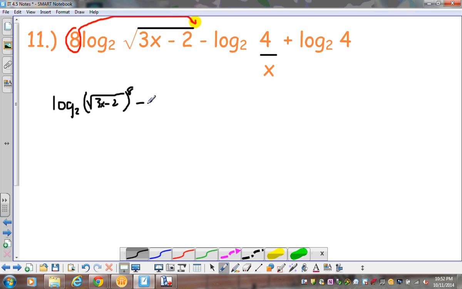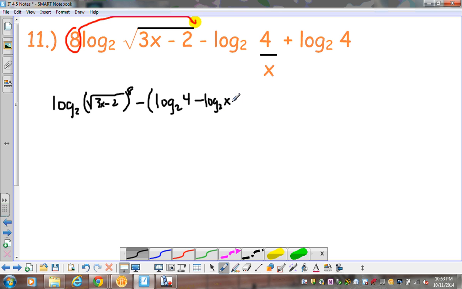Now, right here, if you notice, I've still got a division problem. I've got 4 over x. So the easiest thing here, before I start condensing everything, is to expand this just a little bit more to make it look a little bit nicer. Remember, division goes with subtraction. So I'm going to expand that before I start condensing. So it's log base 2 of 4 minus log base 2 of x.